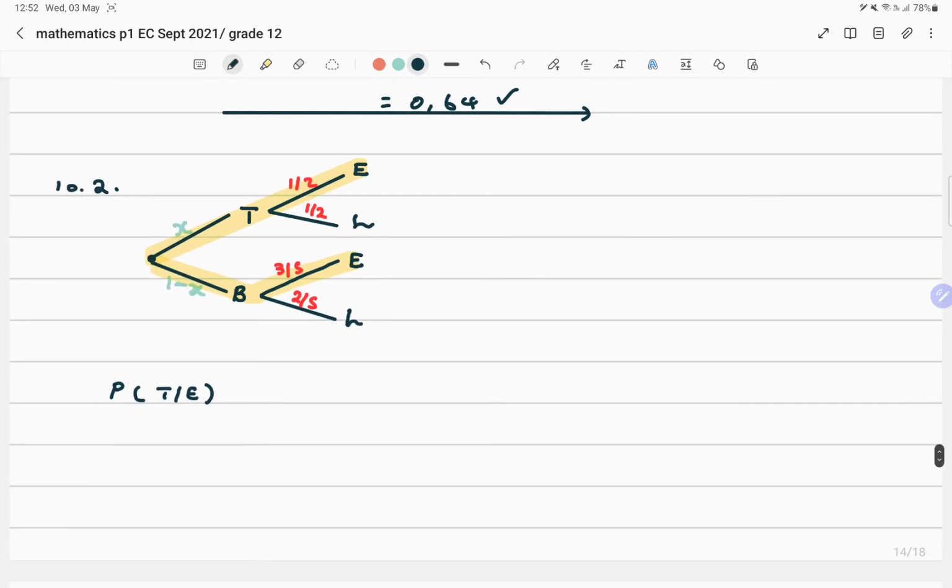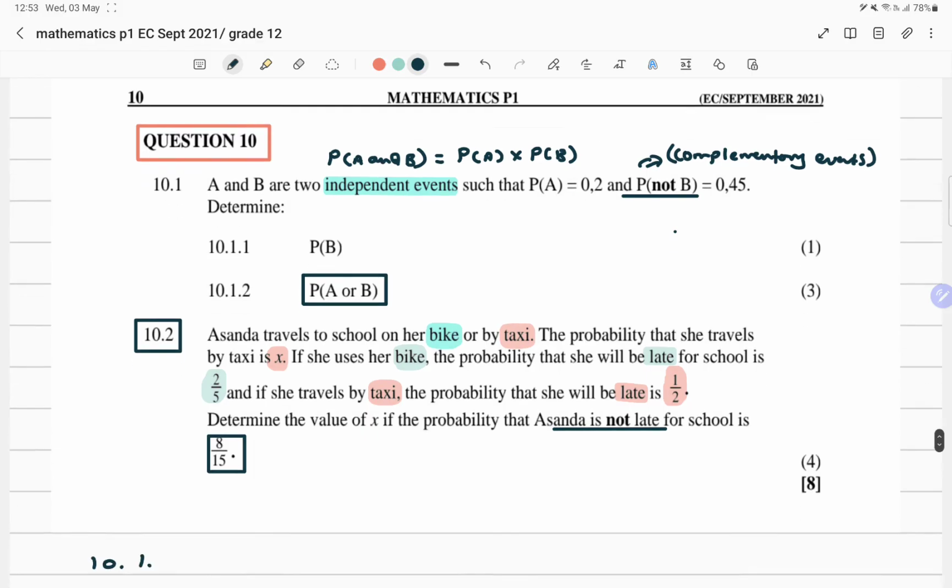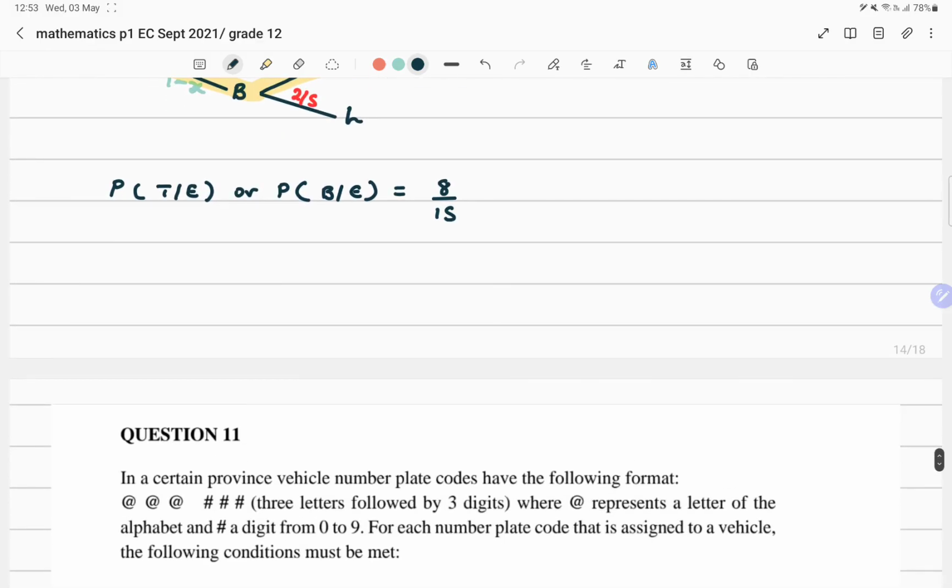Yeah, it's either this or this one. It's going to be her traveling by bike and being early as well. Should give us that 8/15. Okay. So they're giving us an equation, basically.